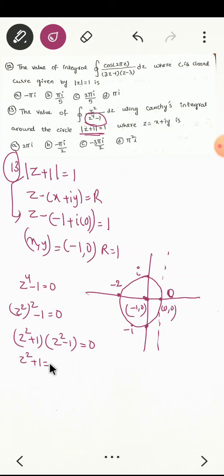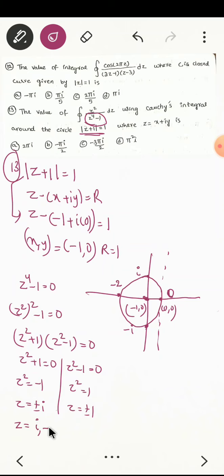Now z square plus 1 equal to 0, z square minus 1 equal to 0. z square is equal to minus 1, so z is equal to plus or minus i. z square equal to 1, z is equal to plus or minus 1. That means z is equal to i comma minus i, and z is equal to 1 comma minus 1.